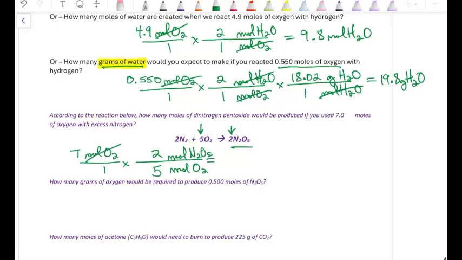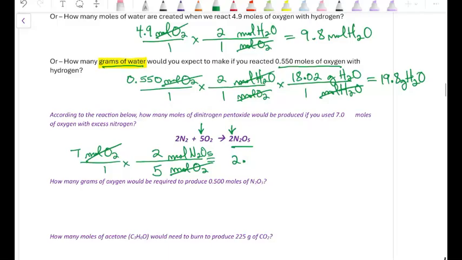And that will cancel moles of O2 and leave me with moles of N2O5 for my answer. So 7 times 2 and then divided by 5, and that should give me 2.8 moles of N2O5. Okay.